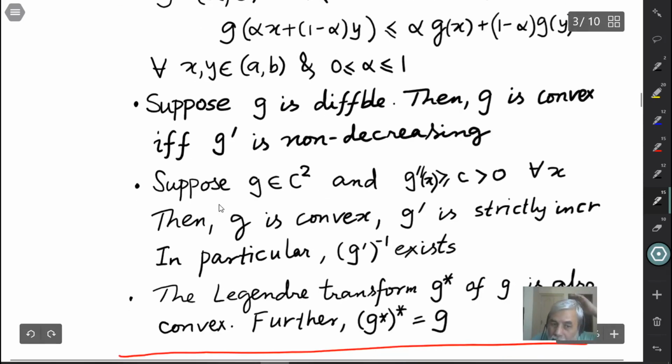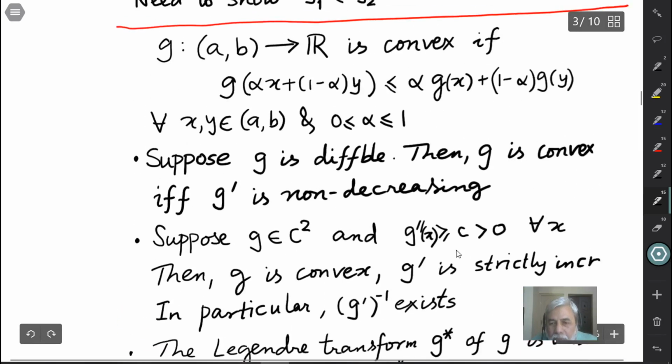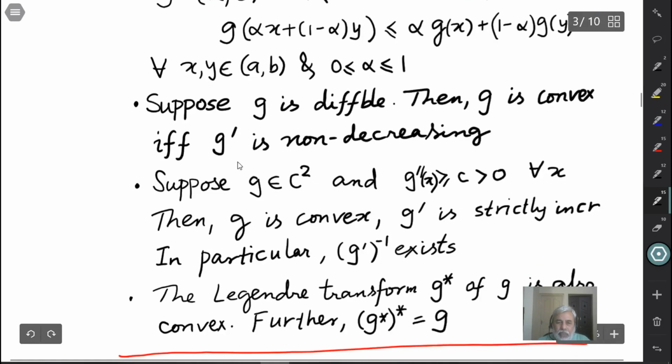If you assume more smoothness on g, that g is C2 and g'' is bounded away from 0 by a positive constant, that is g''(x) ≥ c, which is positive for all x, then g is convex and g' is strictly increasing. Since by this assumption it immediately follows that g' is strictly increasing because g'' is strictly positive.